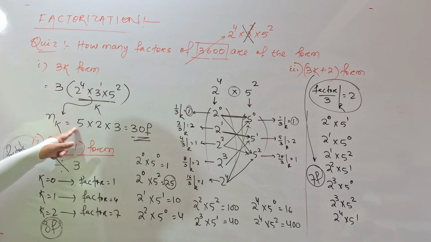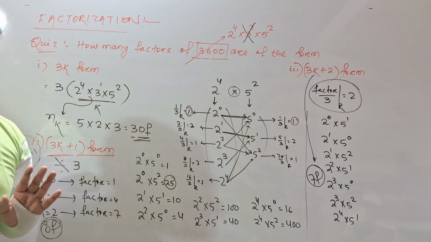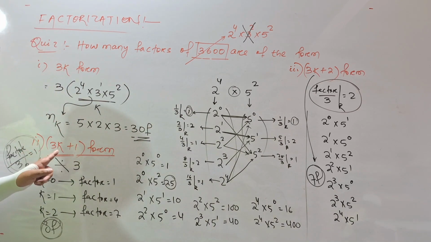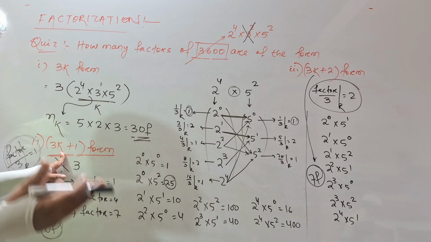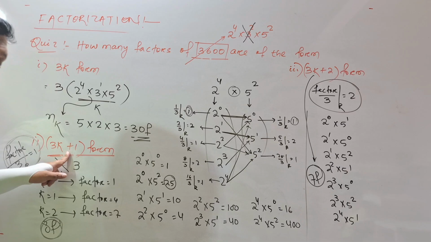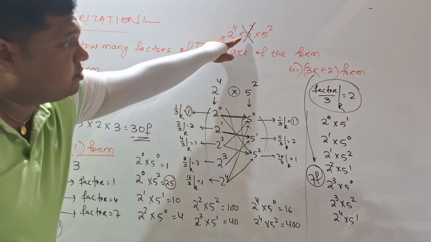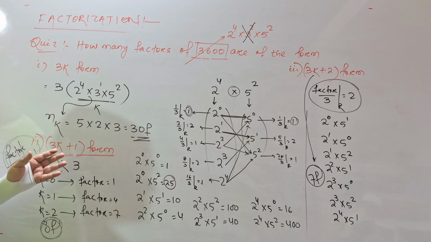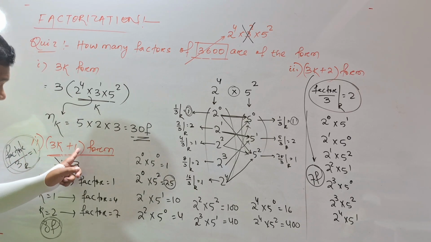Power plus 1 if I do, I will get how much? 30 factors are 3k form. Then how many of them are 3k plus 1 form? 3k plus 1 form signifies what? Now this number is not divisible by 3. This number is not divisible by 3, that's why I remove 3 square first. Second, whatever factor I select here, when I divide this one by 3, remainder obtained is 1.